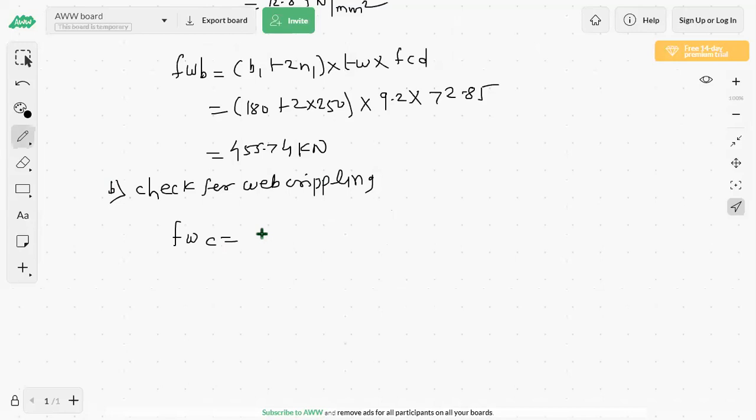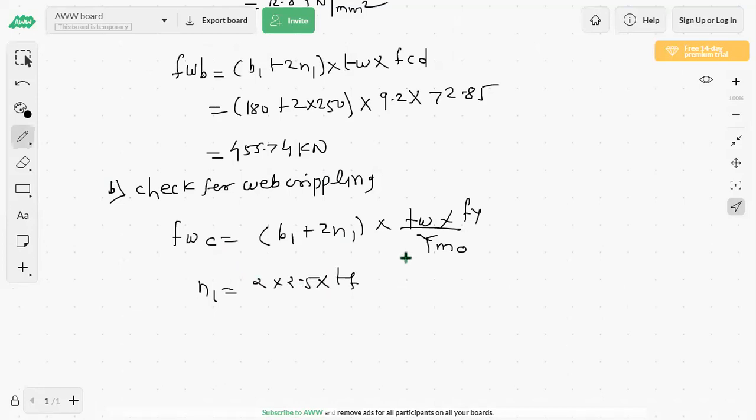So the formula for FWC is again (B1 plus 2N1) into TW into Fy divided by gamma m0. And here N1 we have to calculate by using 2 into 2.5 into TF. So 2 into 2.5 into TF. Thickness of flange is how much?